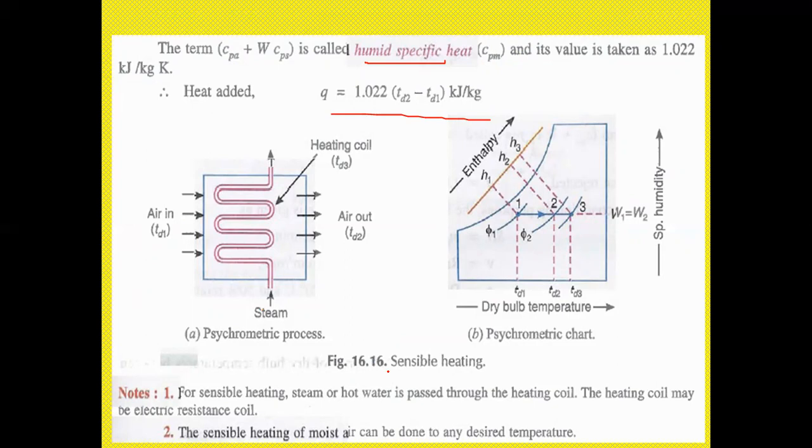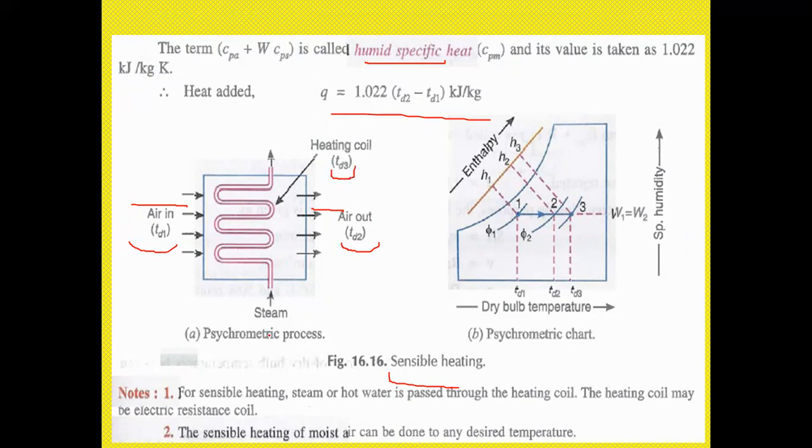Now, the sensible heating diagram as per the theory in the last slide. See here, we have a process with a heating coil TD3. The air is going inside this chamber and the hot air is going outside. Air in is referred to as TD1, air out is referred to as TD2, and the heating coil is referred to as TD3.